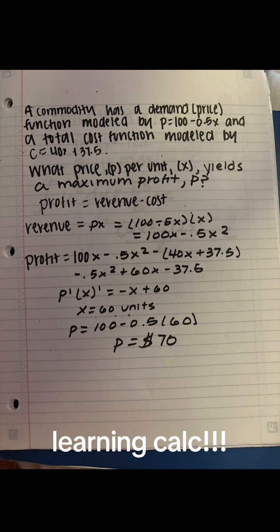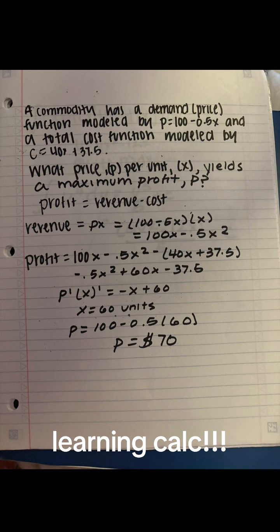So I take the P function, which is 100 minus 0.5x, times x, which will get you 100x minus 0.5x squared. Well, now for the profit function, 100x minus 0.5x squared, which is the revenue function we just found, minus the cost equation they gave us, 40x plus 37.5, would equal negative 0.5x squared plus 60x minus 37.5.